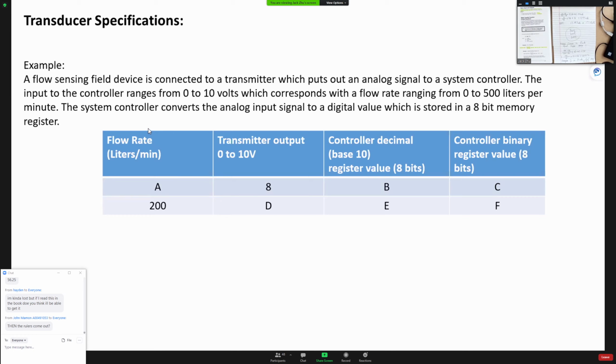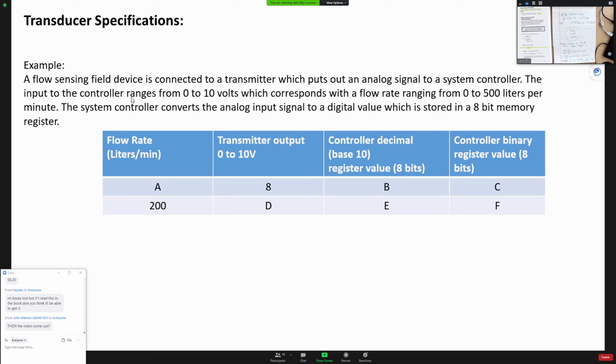Here's something more. Sometimes the question is going to be more complicated. We might have those examples down here, but let's look at it here. A flow sensor connected to a transmitter puts out an analog signal to the system controller.